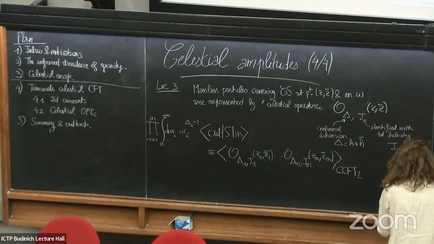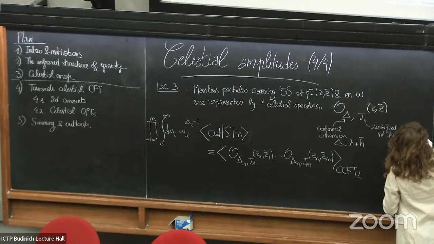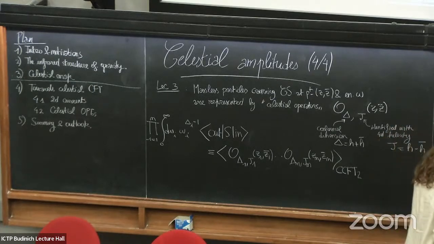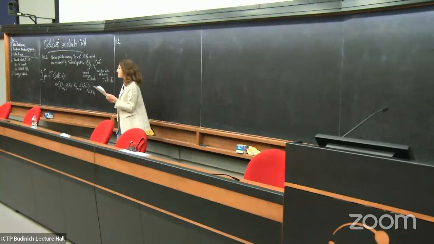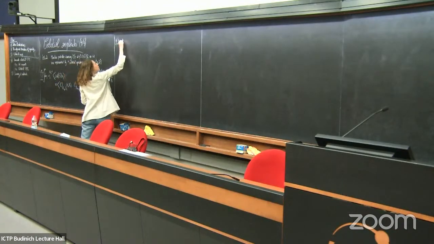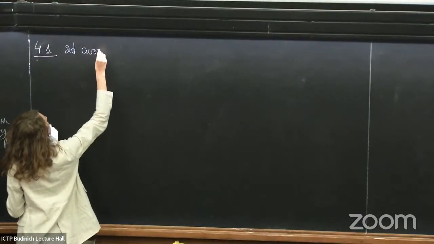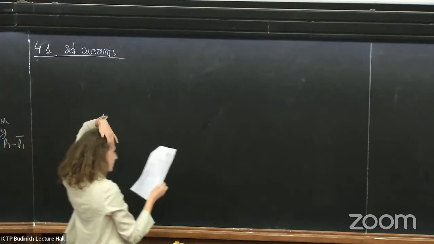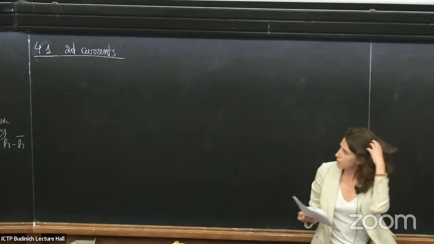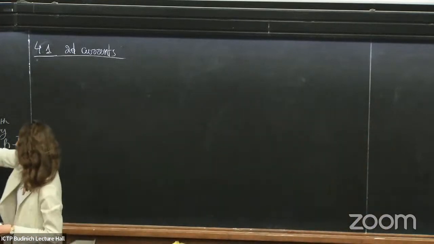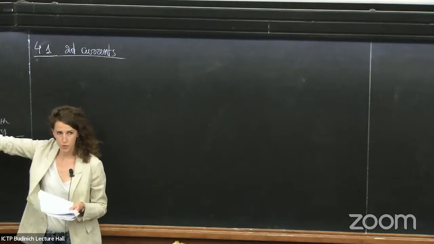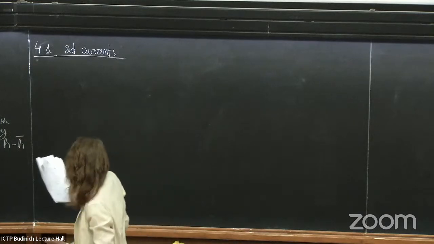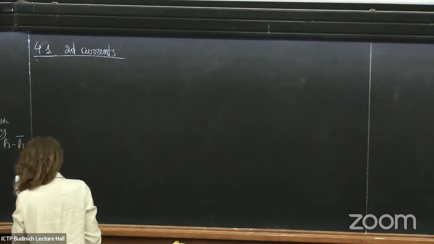Good. So now I will turn to the so-called currents in celestial CFT. These currents will appear when we take specific integer values of the conformal dimension delta, and we'll call them conformally soft operators.